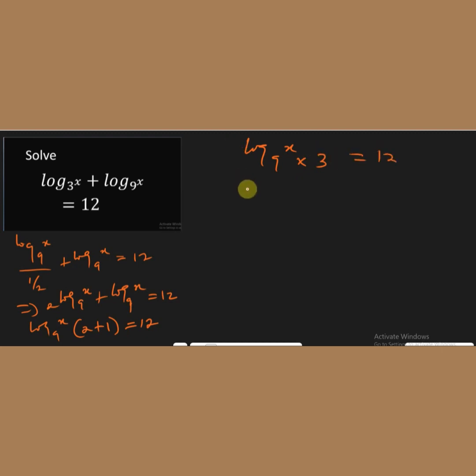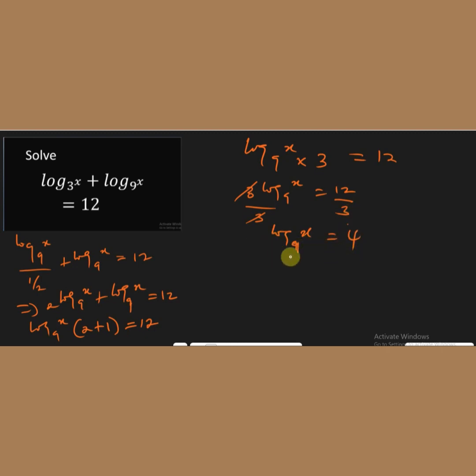Remember that this is 3 log 9 raised to the power of x equal to 12. So I'm going to divide across with 3. Okay, dividing across with 3, that is the quotient of log 9 raised to the power of x. I'm going to have log 9 raised to the power of x is equal to 12 over 3, which is going to give me 4.